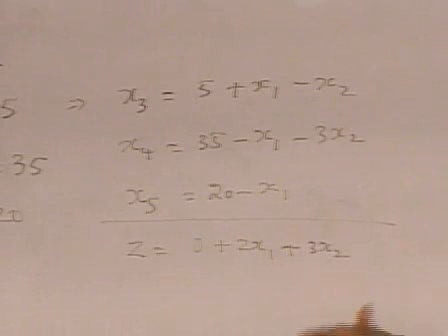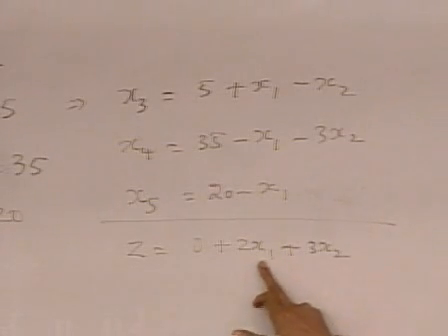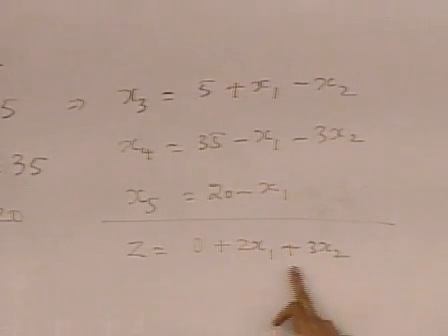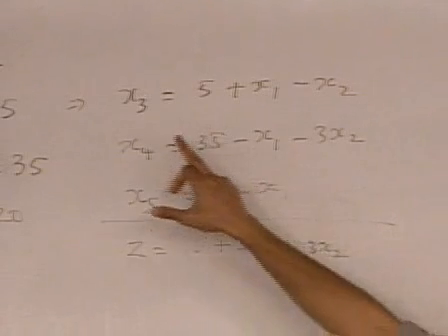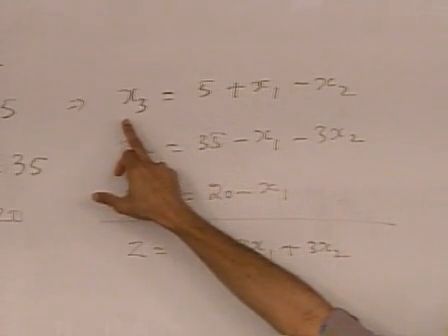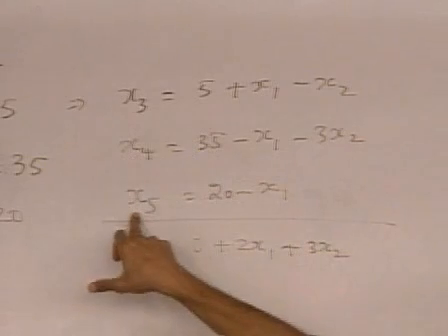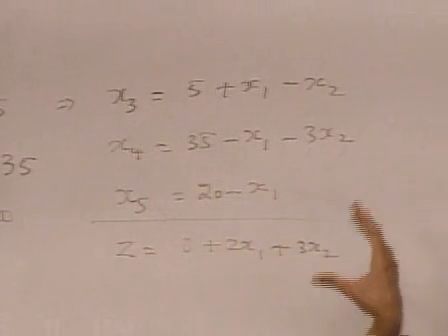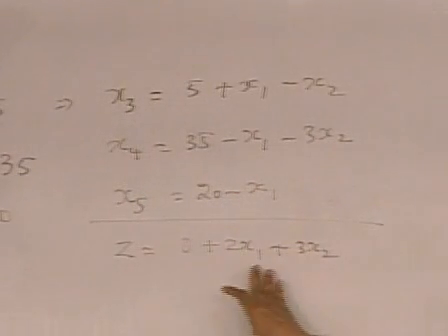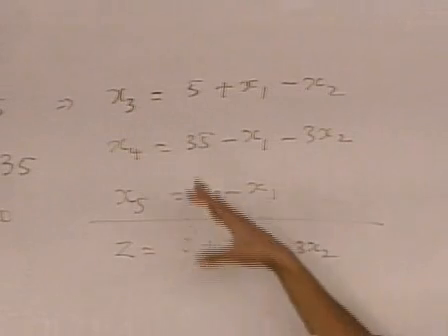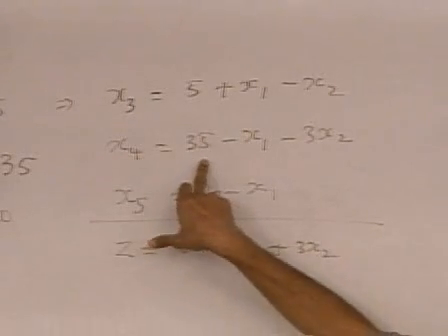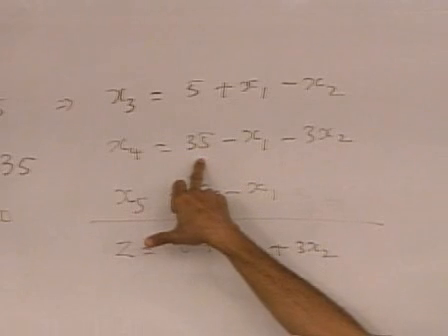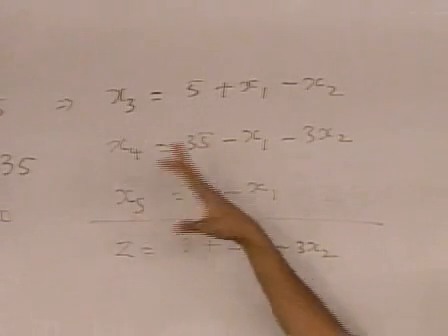The only other constraint is that they have to be non-negative, which of course you would do. The only difficulty is that you also have a constraint on the values of x3, x4, x5, which are determined by your choices of x1 and x2. So if I set x1 and x2 to both be 100, then you can see that this, for instance, would become negative. And that's why you're not allowed to do that.